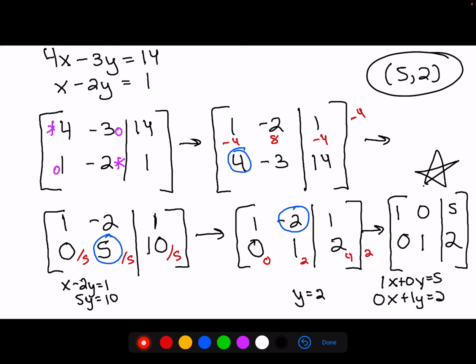X minus 2y equals 1. 5 minus 2 times 2, or 4. 5 minus 4 does equal 1. So that solution works in the system. Or those two lines, if you graphed them, would intersect at 5, 2. So I'm not entirely sure how they look, but they would intersect there at 5, 2.